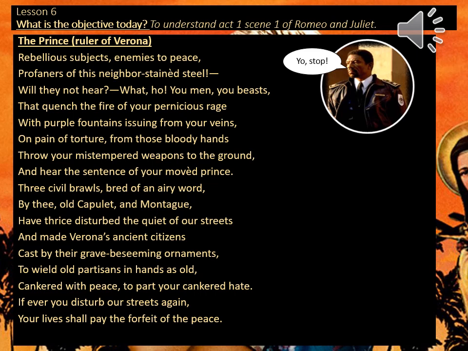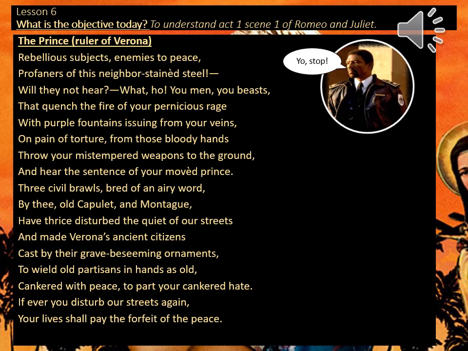Because of the fighting between the two families, the prince, or the ruler of Verona, intervenes, and he says this to the two families: "Rebellious subjects, enemies to peace, profaners of this neighbour-stained steel, will they not hear? What, ho, you men, you beasts, that quench the fire of your pernicious rage with purple fountains issuing from your veins. On pain of torture from those bloody hands, throw your mistempered weapons to the ground, and hear the sentence of your moved prince.